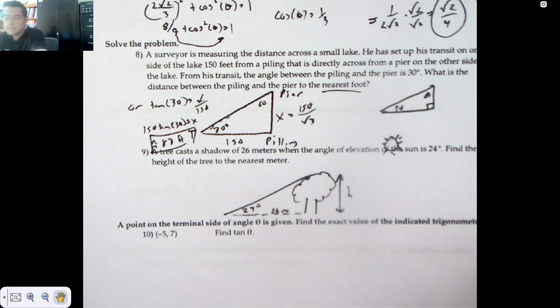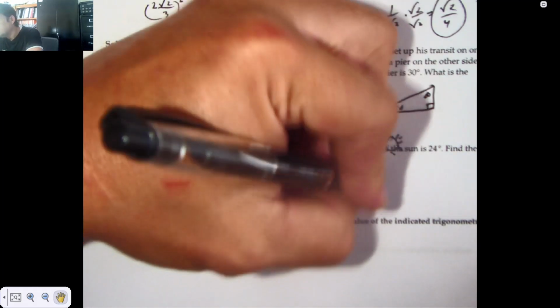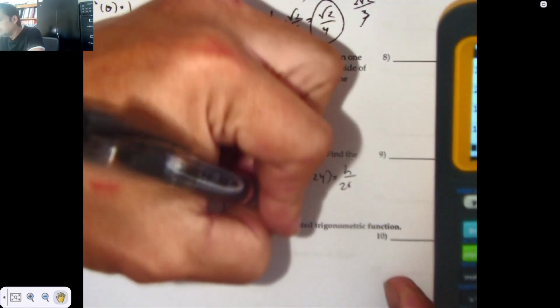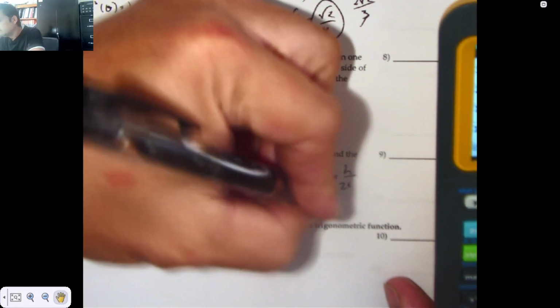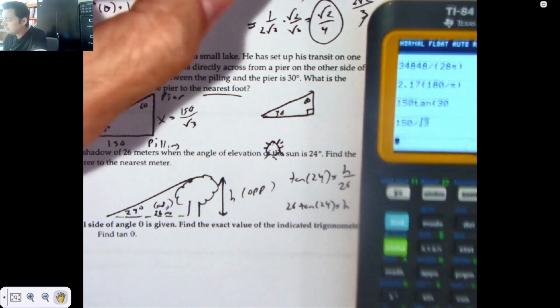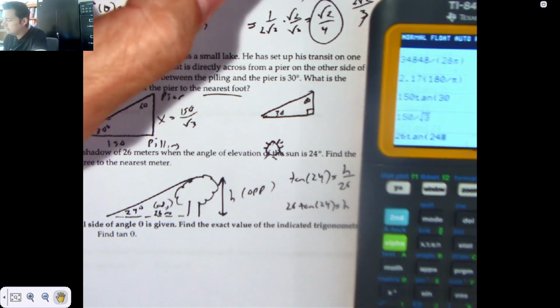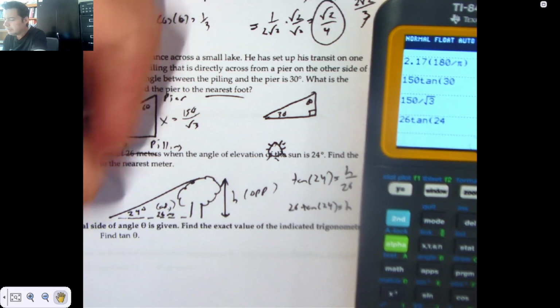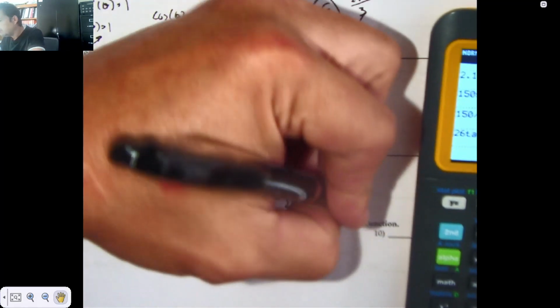Well, what I see is the tangent ratio. I see opposite, and I see adjacent. So the tangent of 24 is this height over 26. Multiply 26 both sides. Nearest meter, it's about 12 meters.